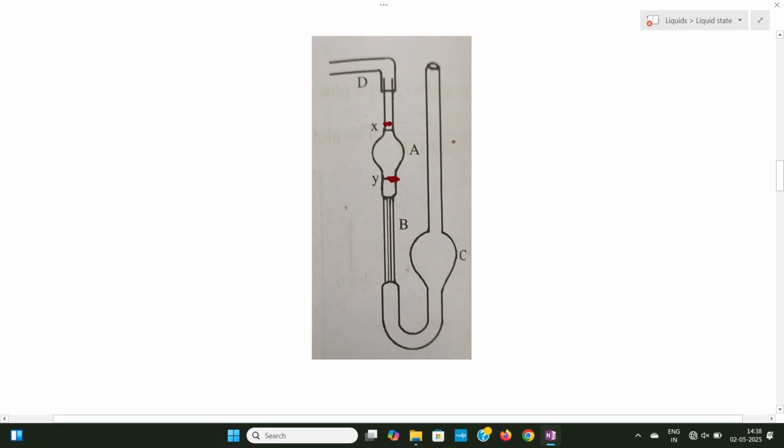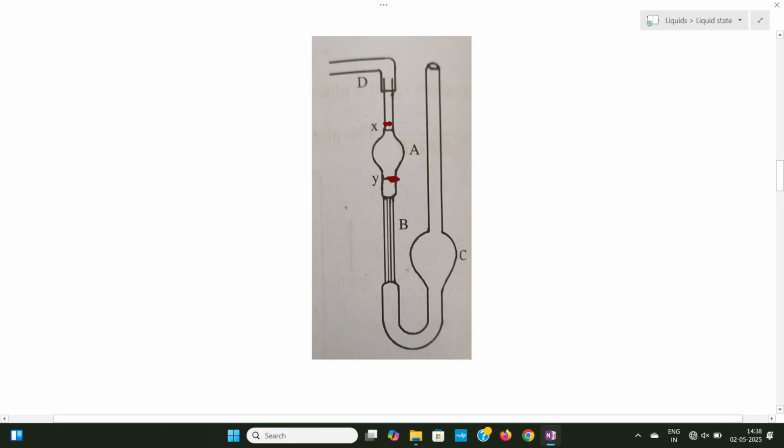If we have taken 20 ml of water, we take the same 20 ml of the experimental liquid and introduce it through the bulb C.